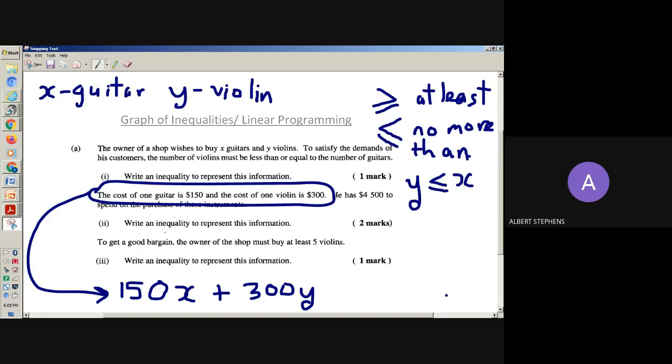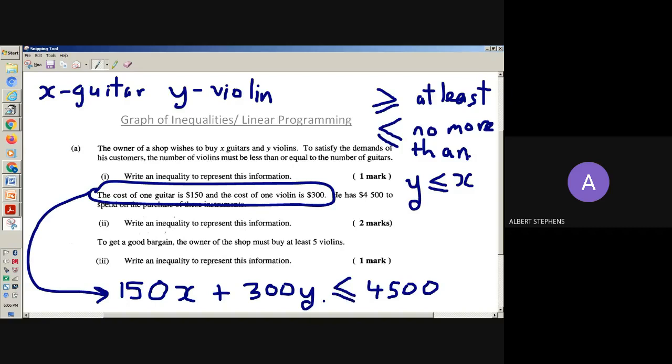And how much money did they give the man? 4,500. Right. But let me ask you a question. If your boss gives you money to go on the road to spend, which sign would you put? Would it be greater than or equal to, or less than or equal to? Think about it. Be practical. So it would be less than or equal to, not true?